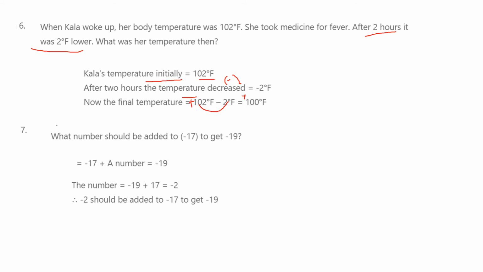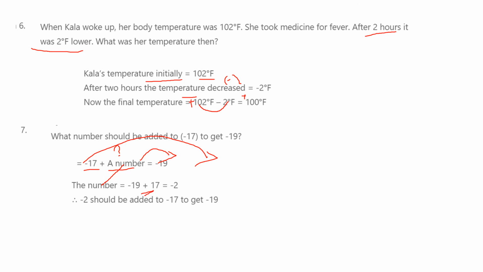Next one. What number should be added to -17 to get -19? That means to -17 we have to add some number, and we get -19. We have to find this number. So the number equals -19, and this -17 will go to the right hand side, and it will become +17.